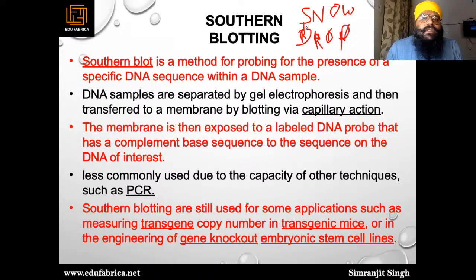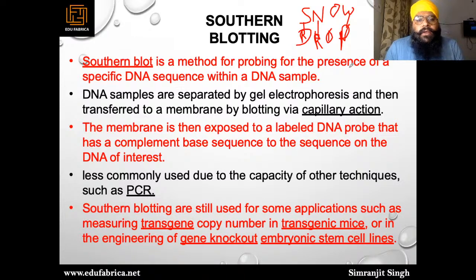So remember this concept. Southern blotting is the method for probing for the presence of a specific DNA sequence within a DNA molecule. DNA samples are separated by gel electrophoresis and then transferred to a membrane by blotting via capillary action. The membrane is then exposed to a labeled DNA probe that has a complementary base sequence to the DNA of interest.